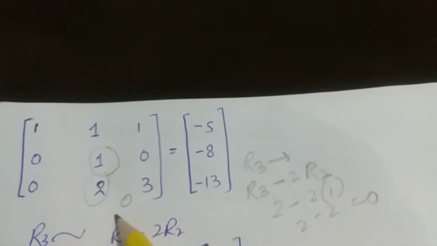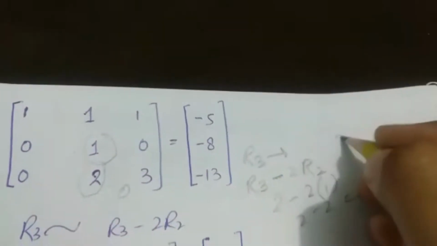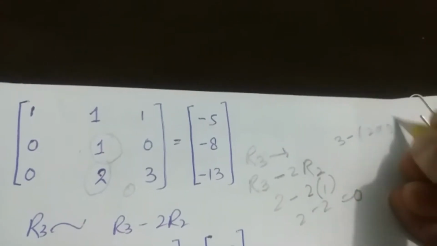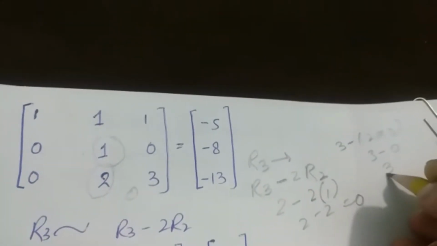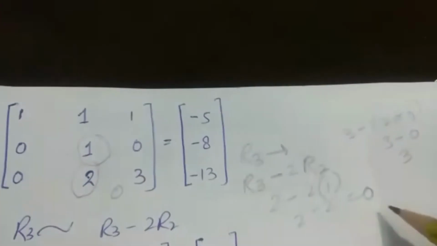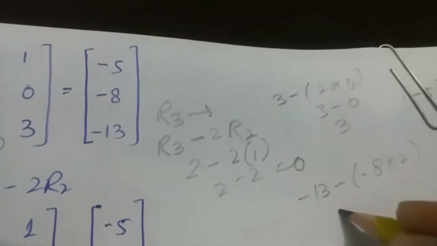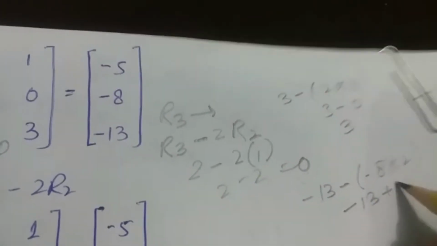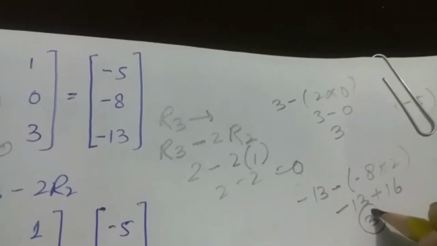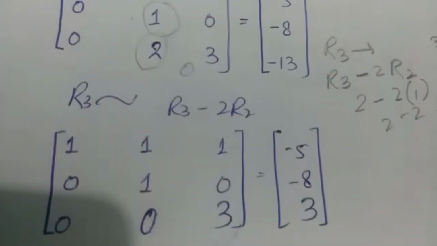In place of this one, 0. 3 minus 2 multiplied by 0 remains the same, that is 3. Minus 13 minus 8 multiplied by 2, minus 13 and it will become plus 16. We get positive 3. So we write here like this.